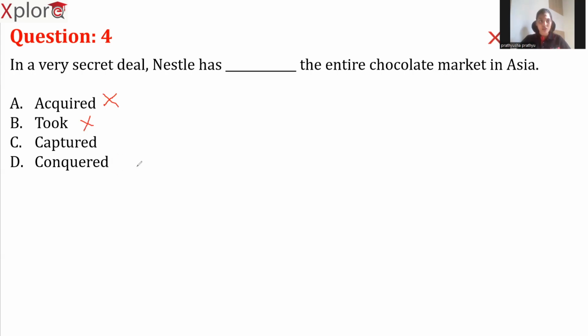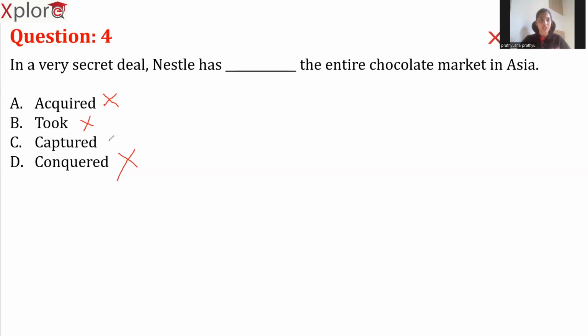Now, conquered is also a wrong word. Why? Because whenever you are taking over something by forcing someone, it is referred to as conquering. Nestle isn't forcing the entire chocolate market in Asia, right? So that is the reason we cannot use the term conquered.